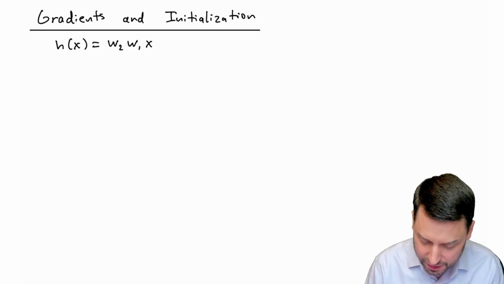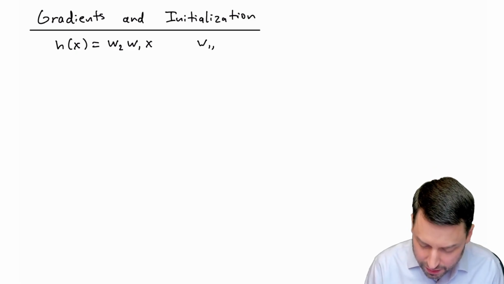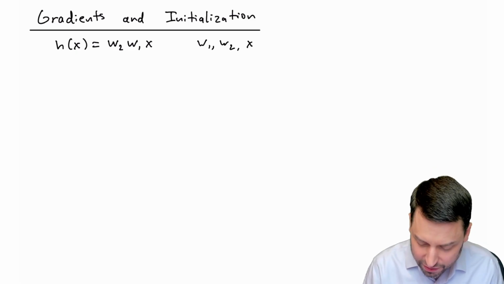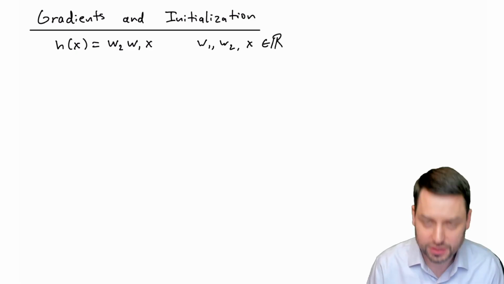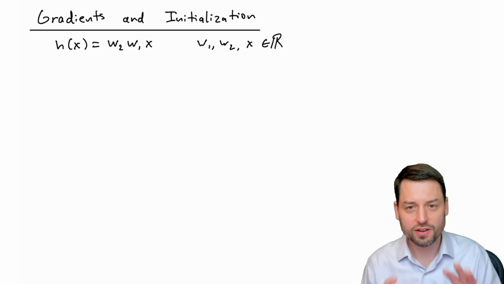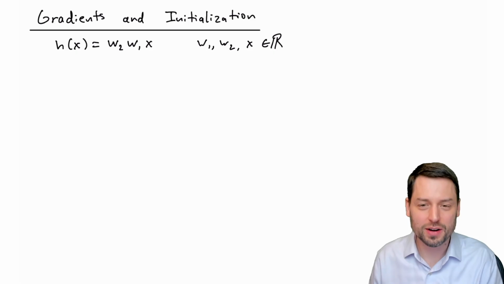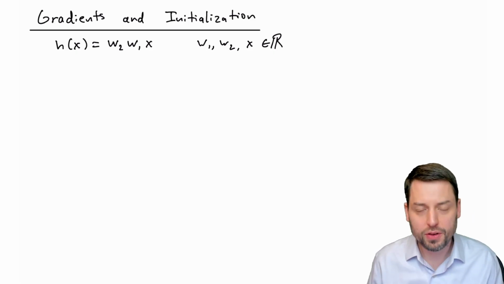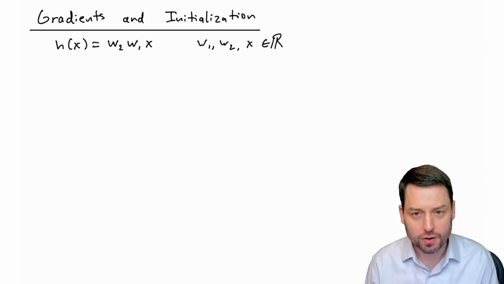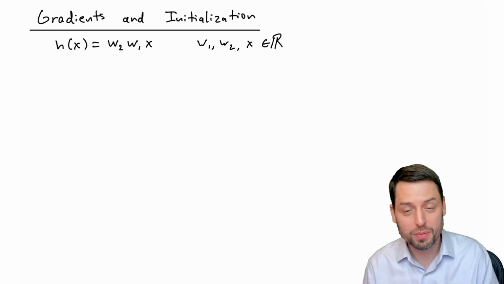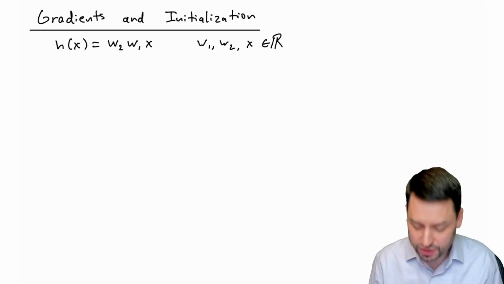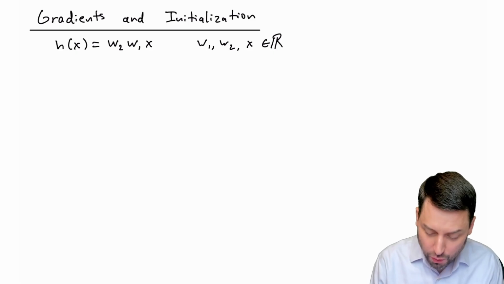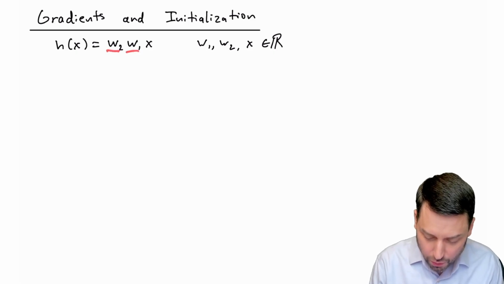So here I should just mention that, let's say that W1, W2, and X are all just scalar valued. So this is a function that just maps a real valued number to another real valued number. We now can compute the partial derivatives of this function with respect to our parameters, W2 and W1.